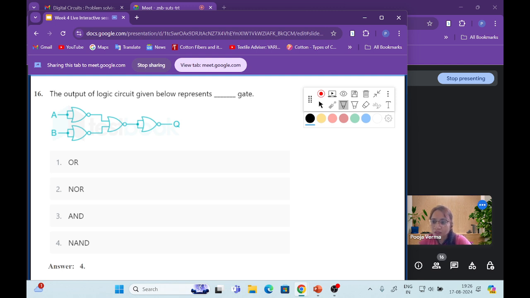This gate is a NOR gate, right? Both inputs are shorted. The NOR gate representation is (A plus B) bar if two inputs are there, right?